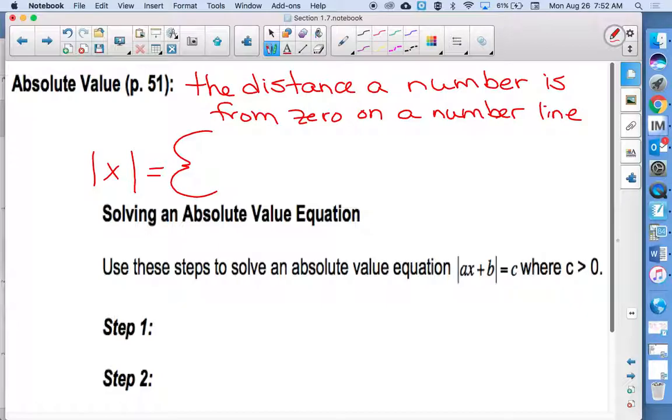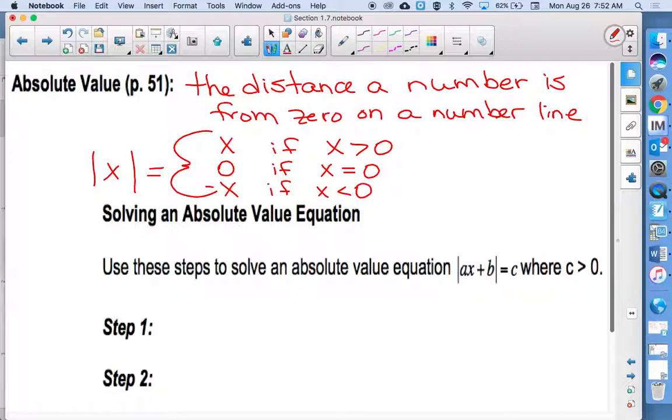So the first case would be x if x is greater than 0. My x could be 0 if x is equal to 0. And the last case we have to account for would be the negative. I could have a negative x in there as well. I could have a -5, a -10, a -20. And that happens if x is less than 0.